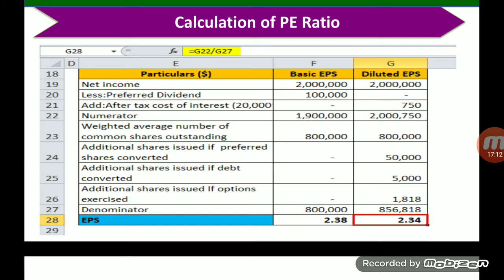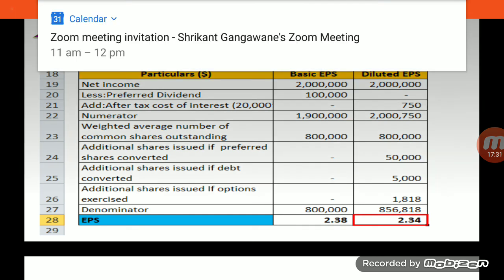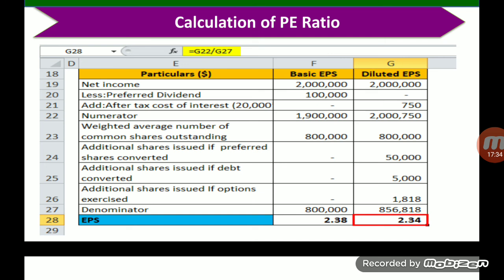If we observe, the last three cells of the basic EPS column are nil. There is no value. But if you take into account the diluted earning per share column, then the last three cells have values, and these values are the diluted shares which are converted into common shares.